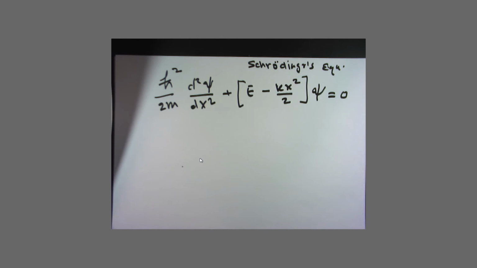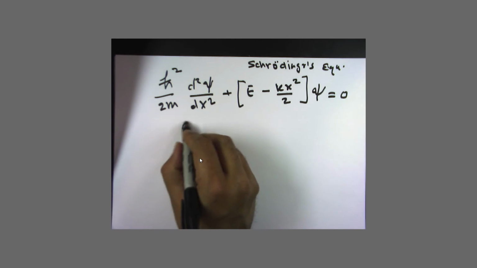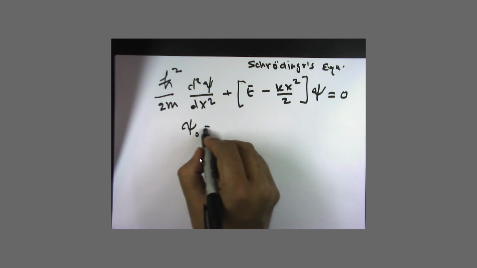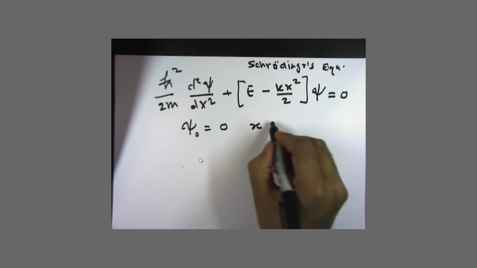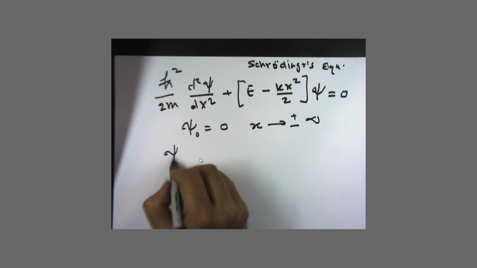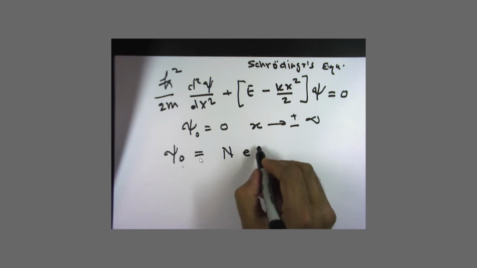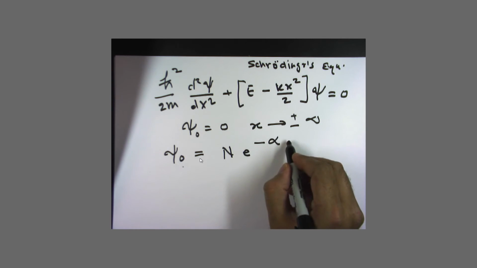Using V from the equation above that we derived, and putting that into the equation with the boundary condition that psi 0 is equal to 0 as x goes to plus or minus infinity, we know that the psi 0 wave function is equal to N e to the power minus alpha x square.